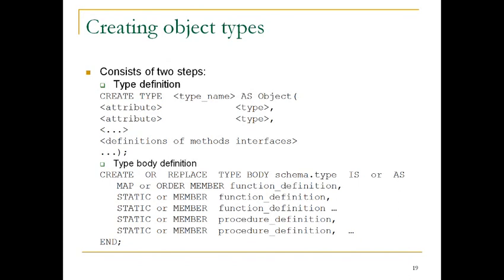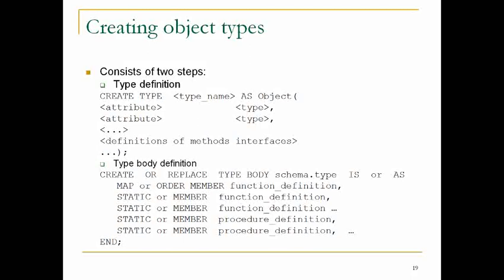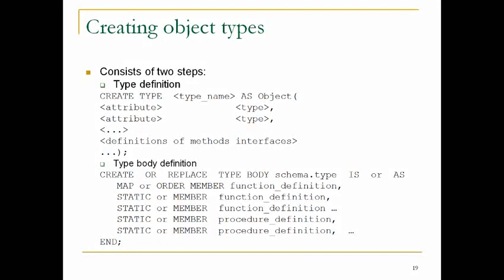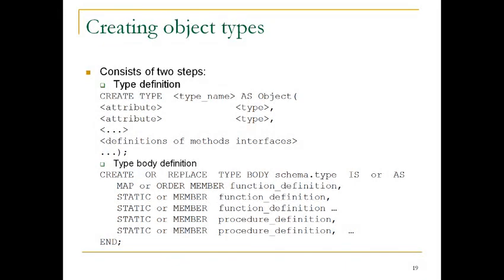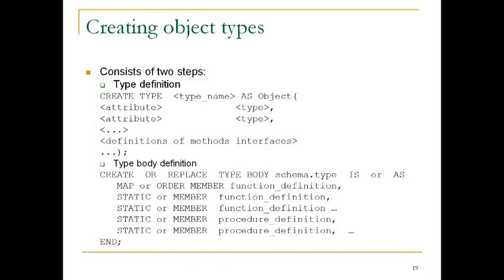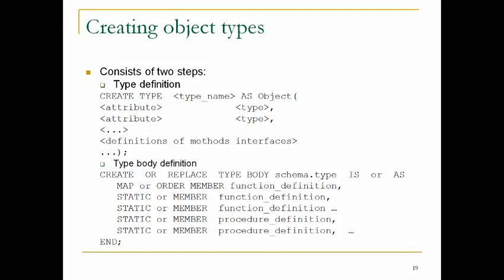And this is defined by create or replace type body. Of course, you can add "or replace" here also. It is some type; this type name would be the same. And you can add both here and here the schema name or the user name. As you all will be working with the user system, you can write here either system or nothing. It will be the same.